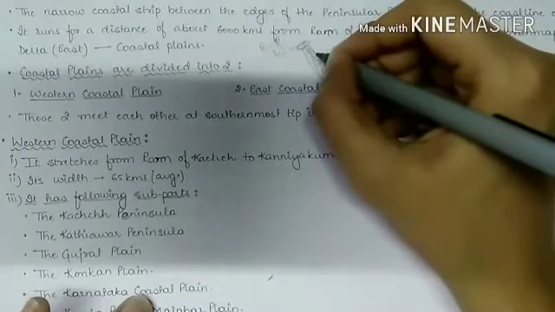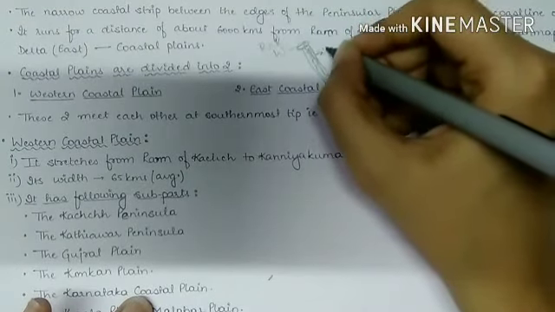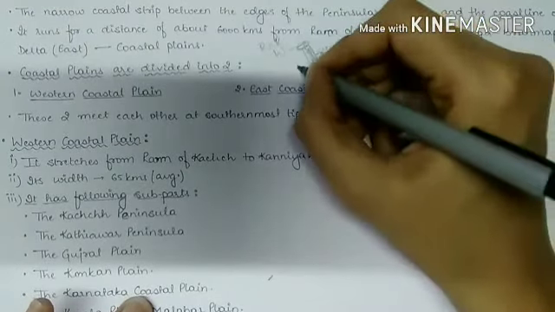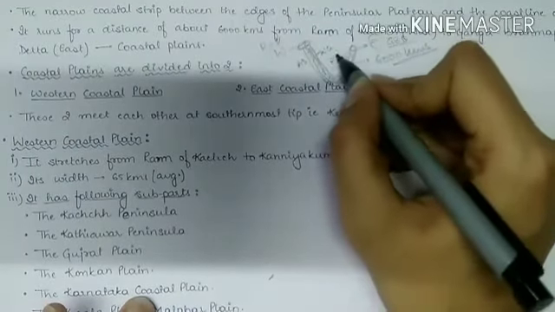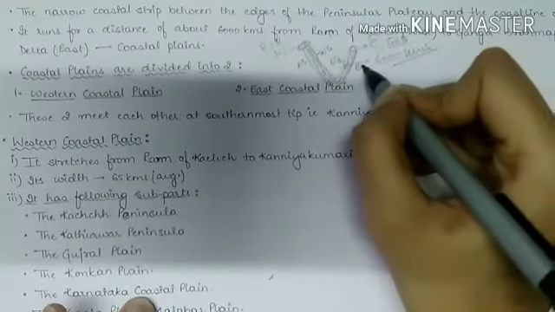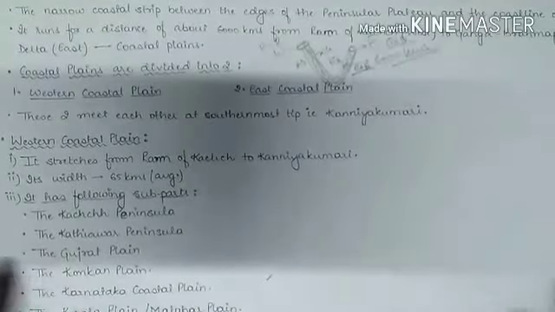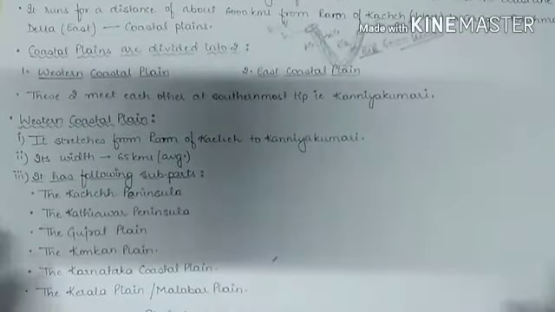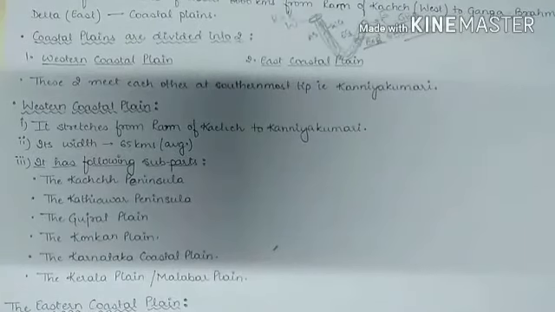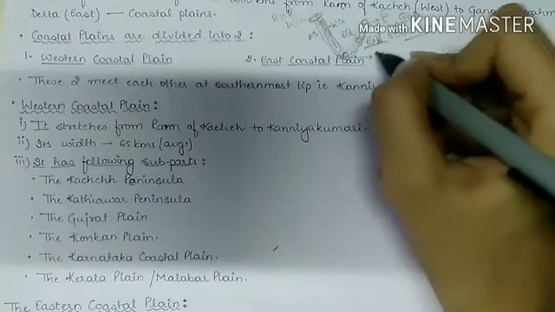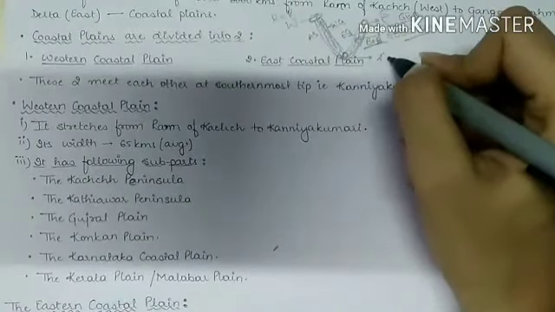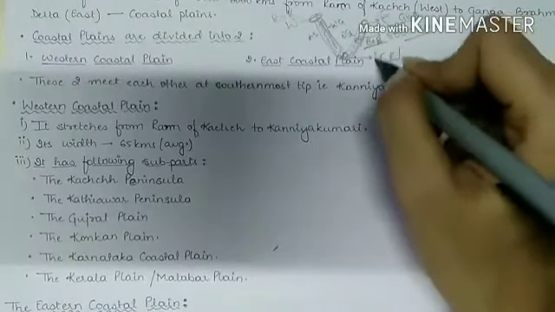Okay, so here we have Western Ghats and here we have Arabian Sea, while in the eastern coast, this is eastern coastal plain, here we have Eastern Ghats and the coast of Bay of Bengal. And these two, Western Ghats and Eastern Ghats, meet at the southernmost tip, and this is Kanyakumari. Okay.